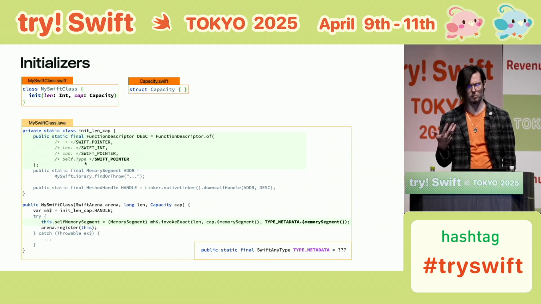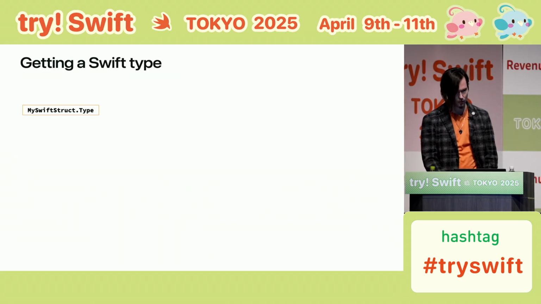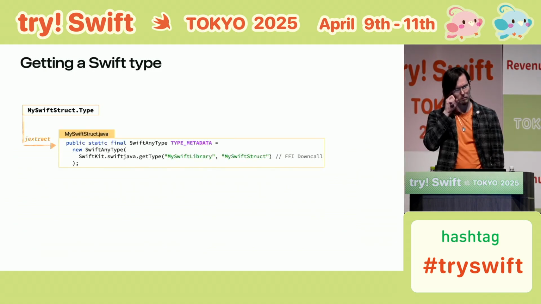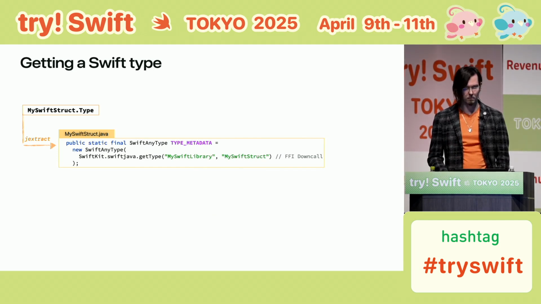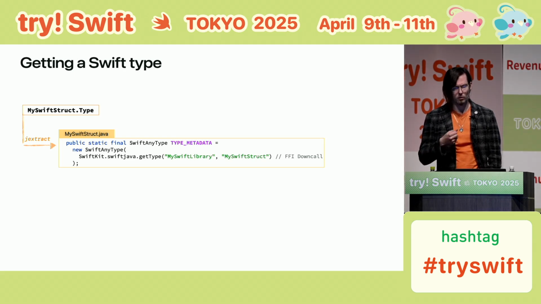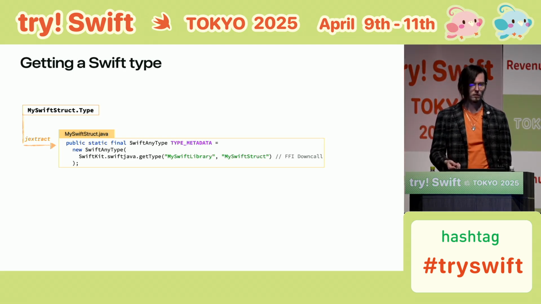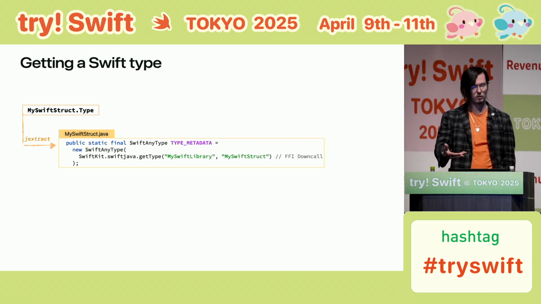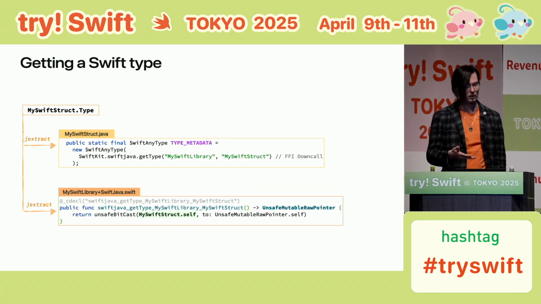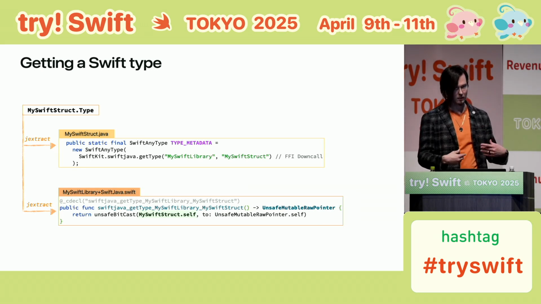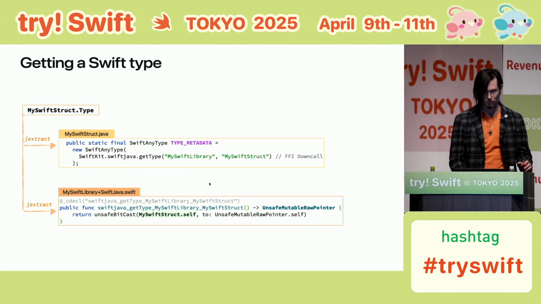Java doesn't know about Swift types. So we can do something. We're basically looking for the .self type of the type we're trying to create. We can use a trick and actually ask Swift, so call down into Swift using a foreign function API call, and then implement this using a Swift function that literally just spells out the type in Swift, but we return it as a raw pointer.